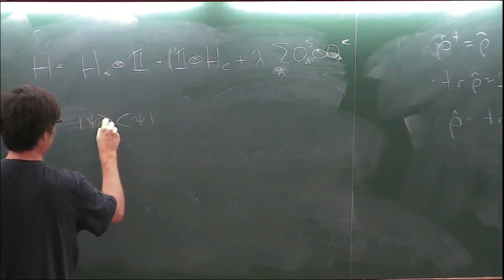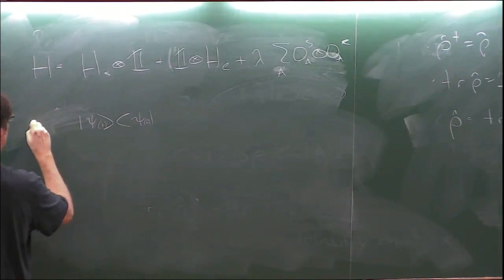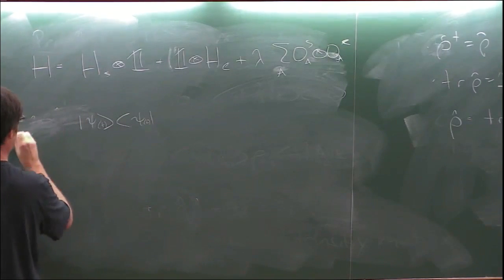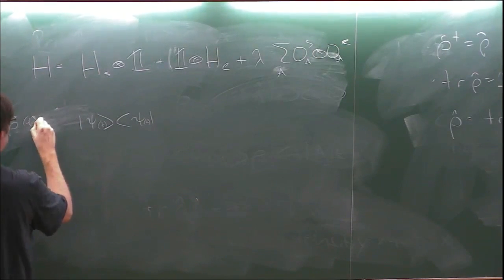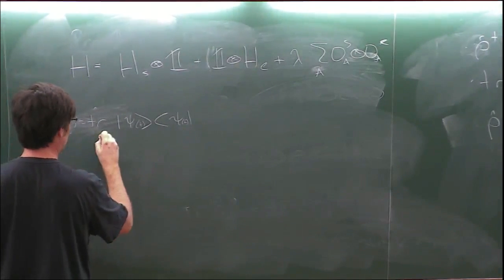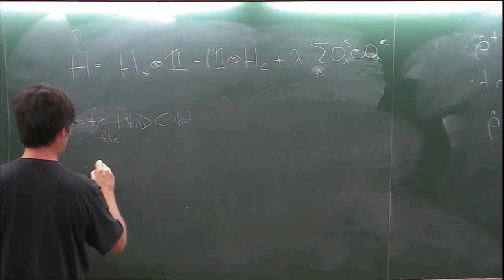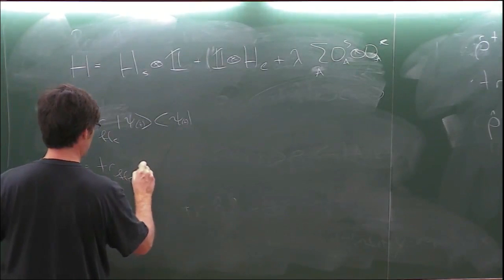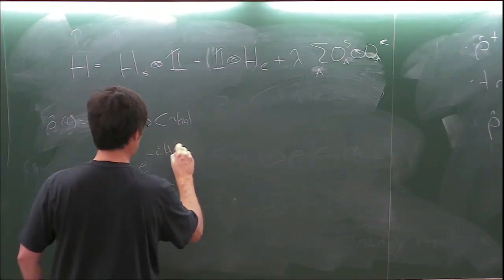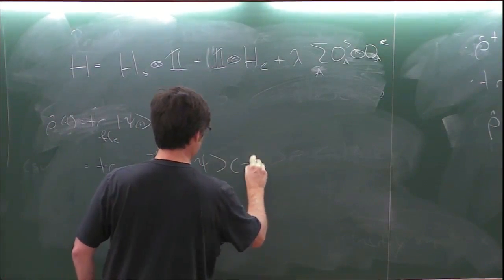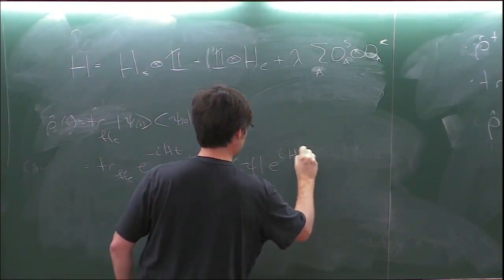And then certainly it will be true in the full Hilbert space if I write psi. Remember, the density matrix at any given time is going to be the trace over the environment of this state, which is the trace over H environment of e to the minus iHt psi psi e to the iHt.